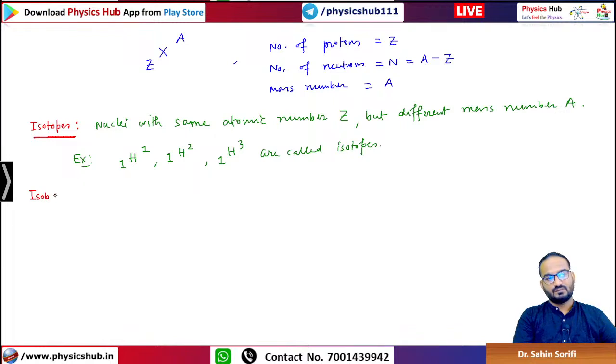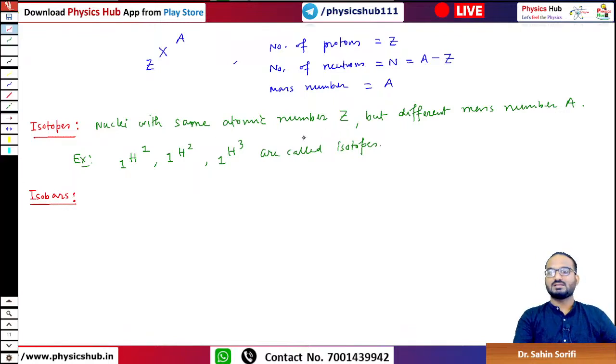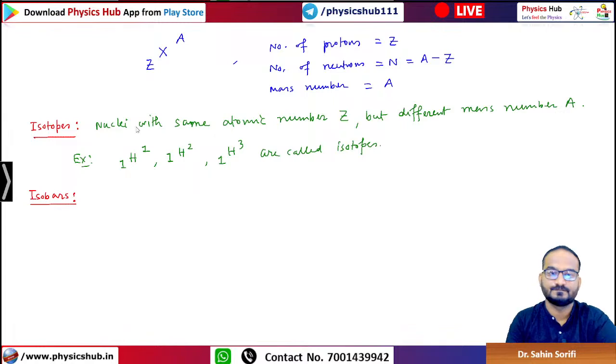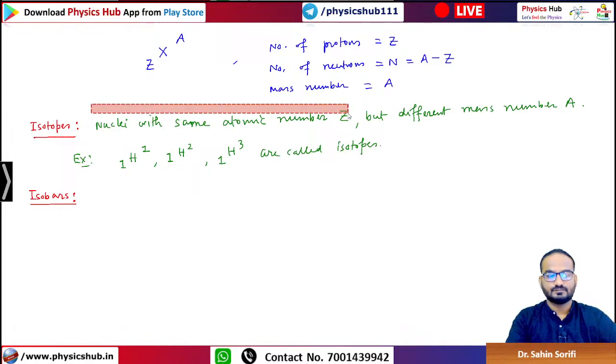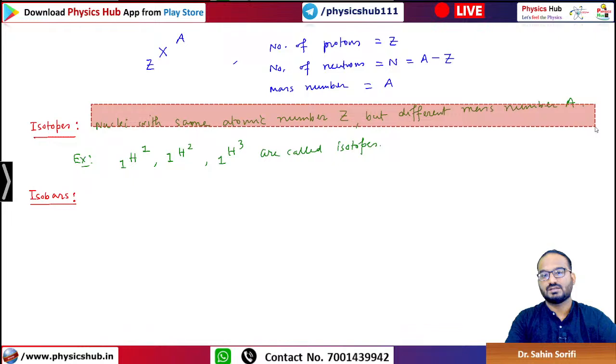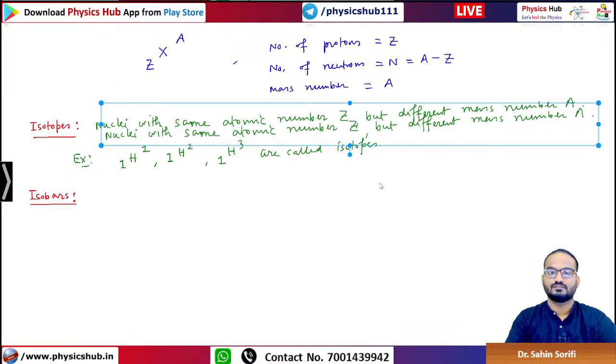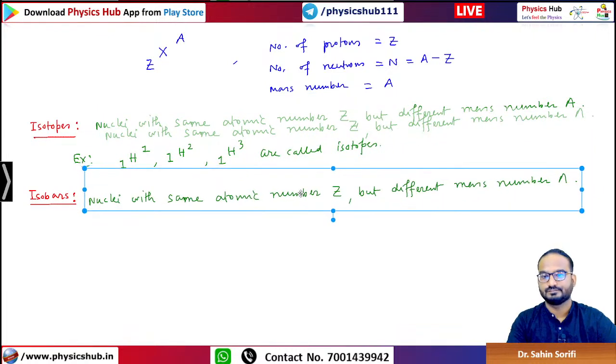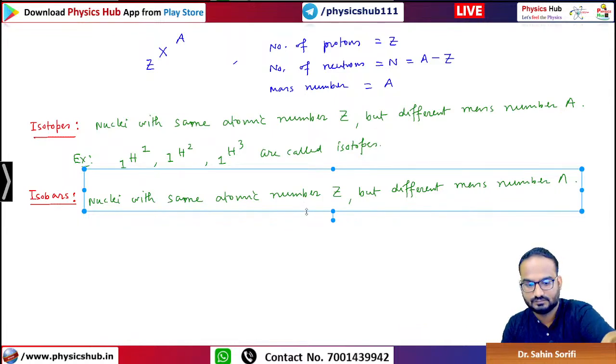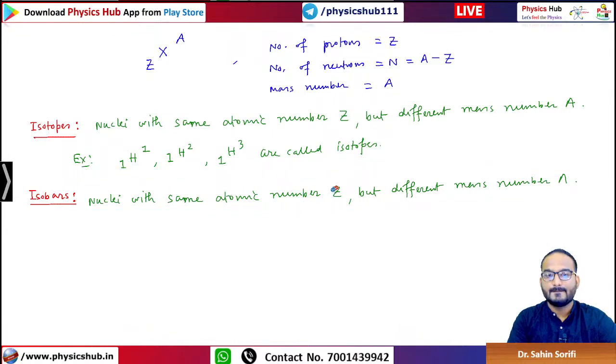Isobars. Bar means it is talking about weight. Isobars means nuclei with the same mass number. Just the opposite of it: nuclei with the same mass number but different atomic number.